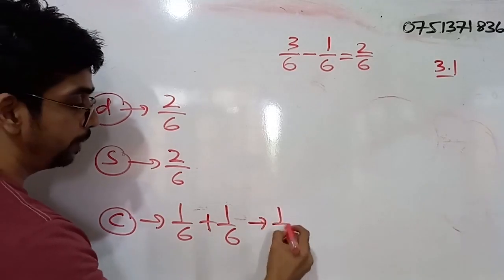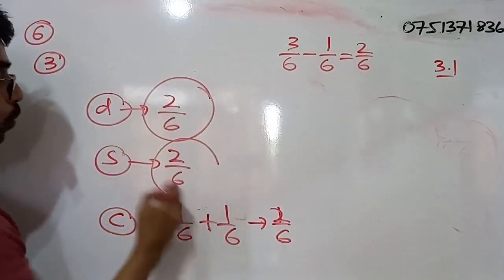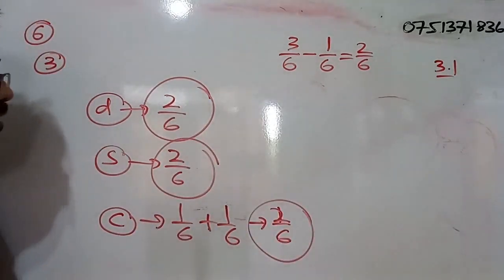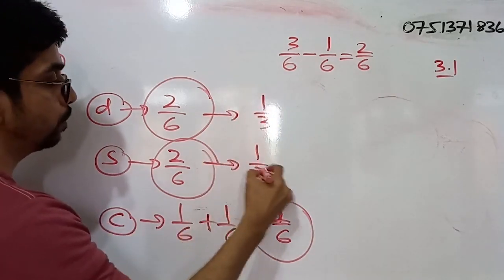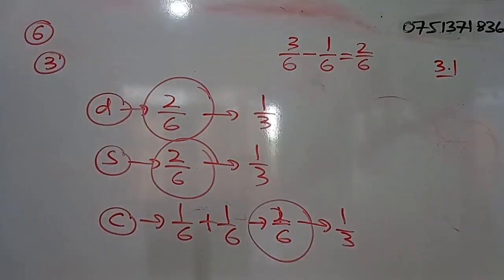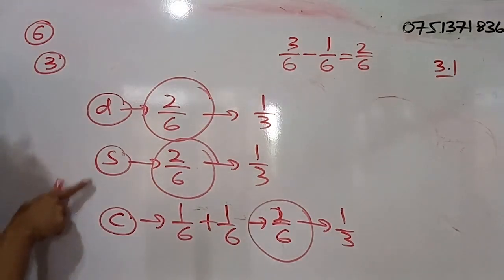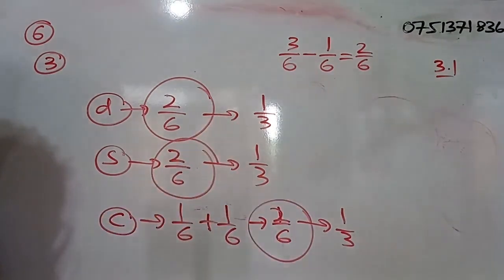So what will be the amount? 2/6. 2/6, 2/6, 2/6. Now all three of them have the same amount of land. Even if we simplify this, this becomes 1/3. This also becomes 1/3. This also becomes 1/3. So the daughter, the son and the charity now have the same amount of land as a fraction.